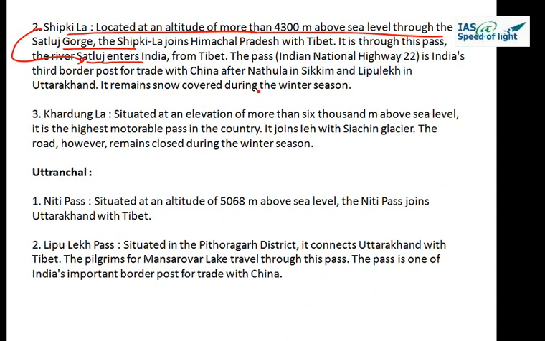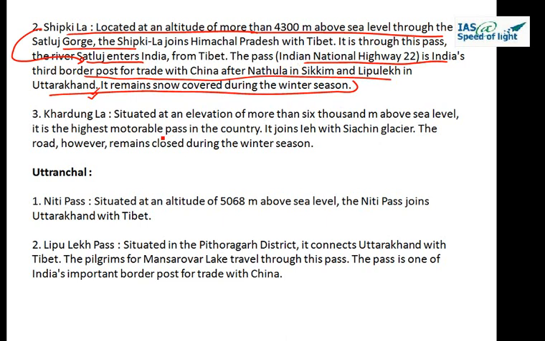The pass, on National Highway 22, is India's third border post for trade with China after Nathula in Sikkim and Lipulekh in Uttarakhand. It remains snow covered during winter. So there are three important passes which are open for trade with China: first Shipkila, then Nathula in Sikkim, and then Lipulekh in Uttarakhand.